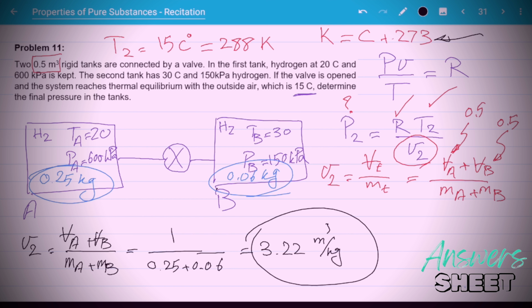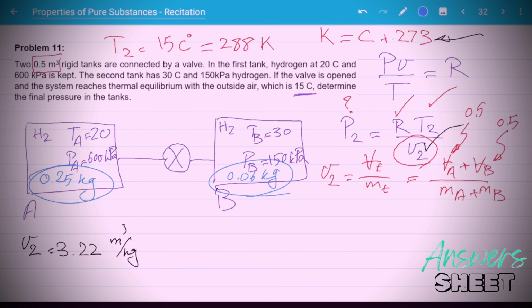Now we can use this inside the equation up here to find the final pressure. So let's do it. So the final pressure is the hydrogen gas constant times the final temperature over the final specific volume.